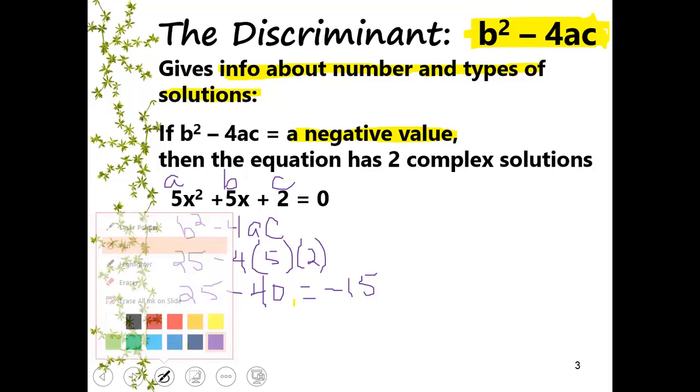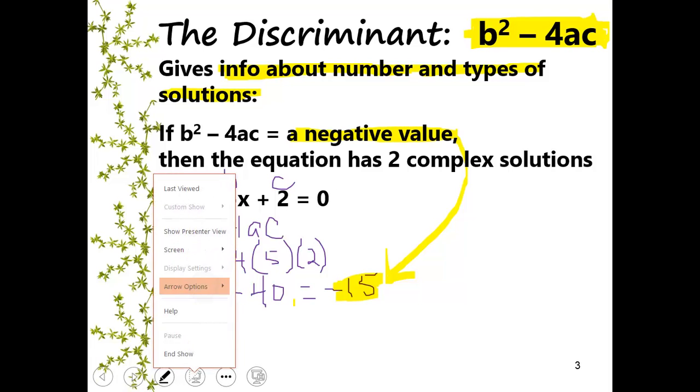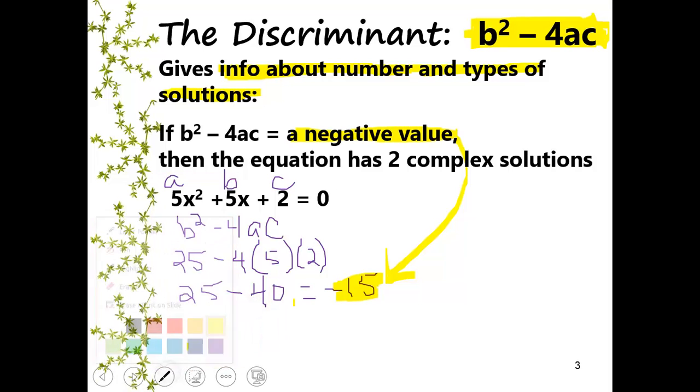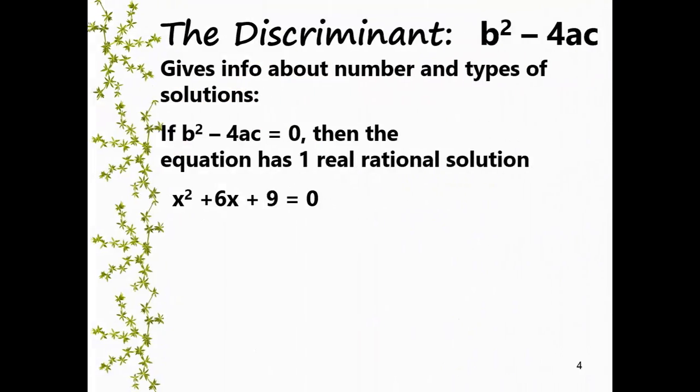This value is negative, right? So that means the number of solutions is 2, and the type are complex solutions. 2 complex solutions. Okay, let's try the next one.